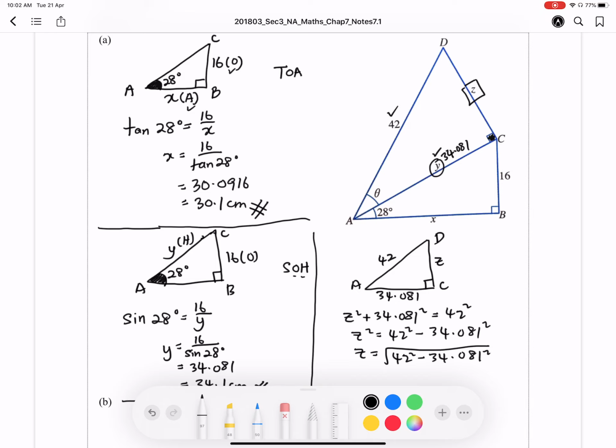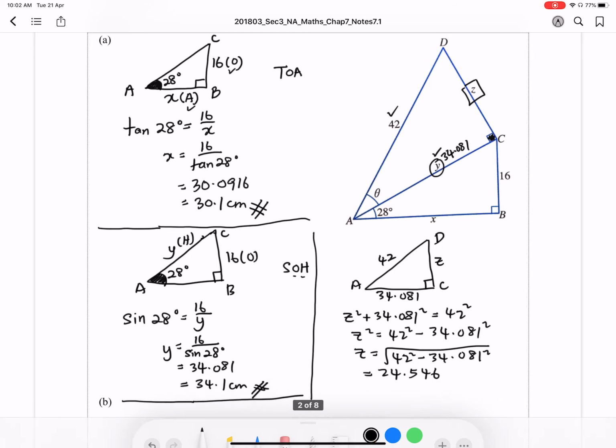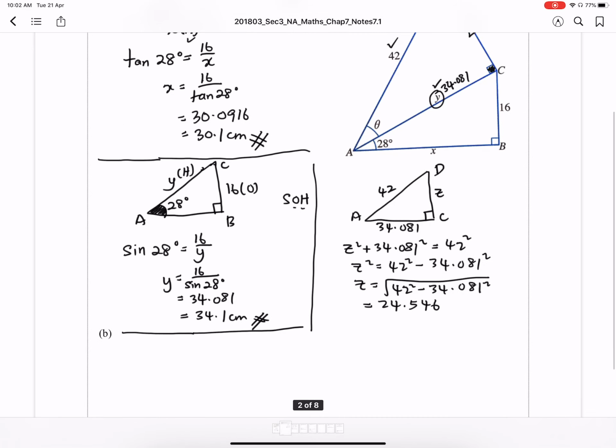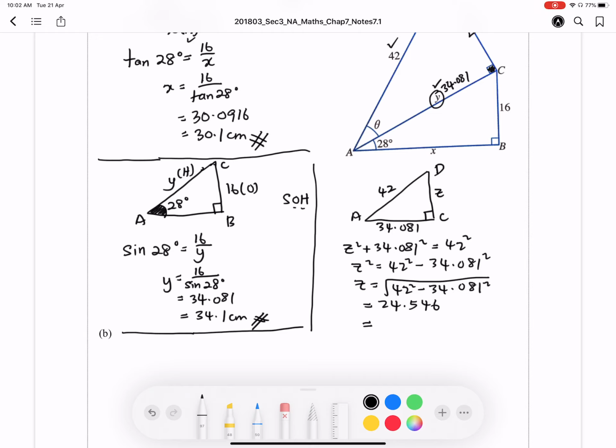We will get an answer of 24.546, and the final answer will be 24.5 cm. This is to three significant figures, and we have answered the first part of the question.